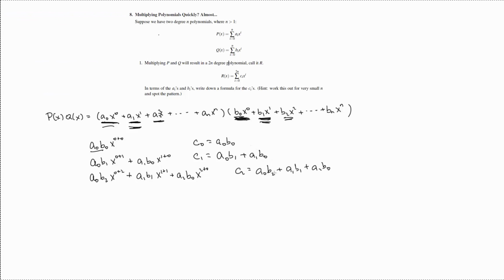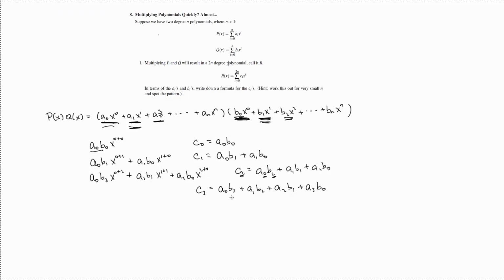Hopefully you've started to notice a pattern here. The sum of the indices is equal to the index of the coefficient that we're trying to find. Thus, continuing this pattern, we would get that c3 is equal to a0 b3 plus a1 b2 plus a2 b1 plus a3 b0.